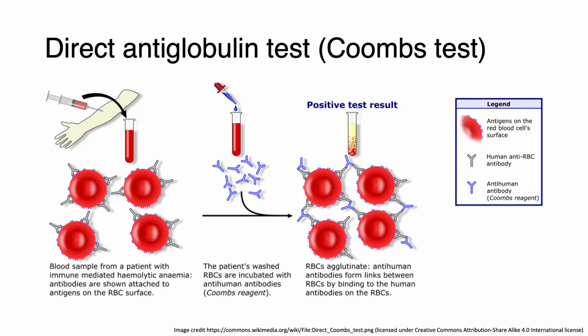So then you wash their cells, and then you add a reagent, which is antibodies against human antibodies. Those antibodies are going to stick to those antibodies that are already coating the red cells, and then they're going to stick to each other, and you're going to get agglutination. So a positive Coombs test means that there are antibodies present on red cells.